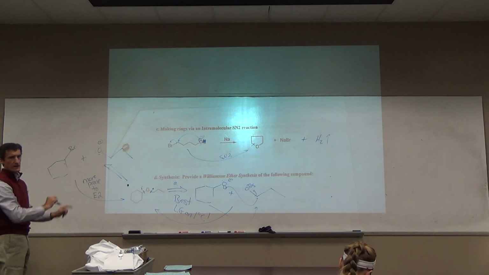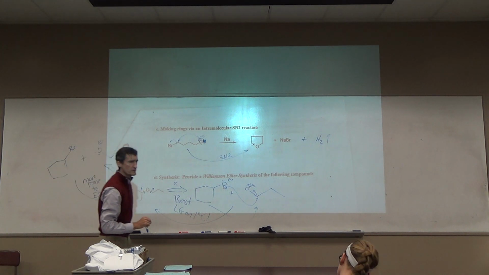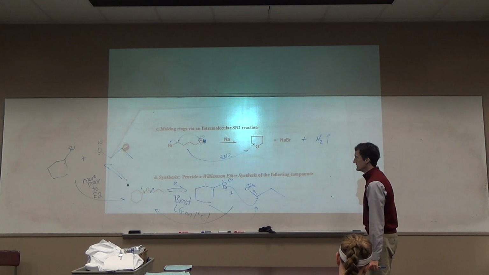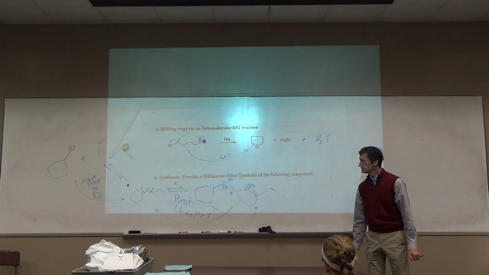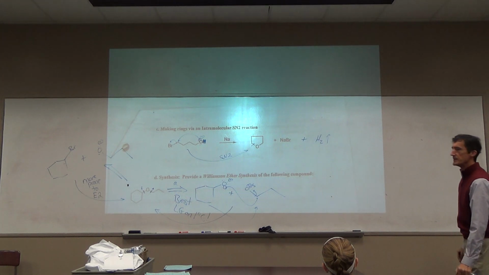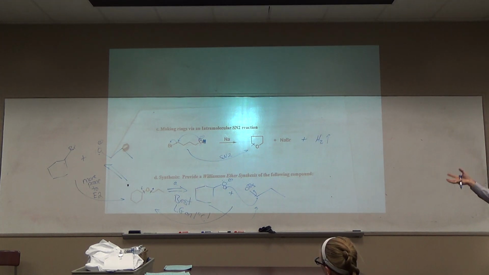The best here is leaving group on primary carbon. It's going to be the best for an SN2. Okay? Have to make choices. There may be other reasons to guide your decision when you have choices.